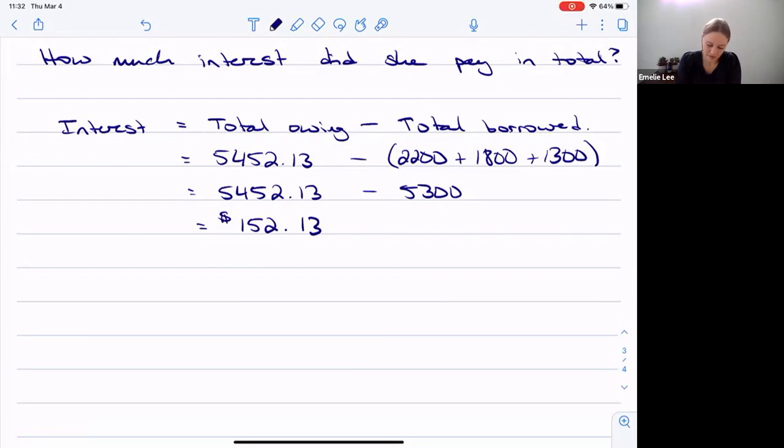So in the next section, I'll just show you how to solve problems where you have to solve for the rate and then solve for the time. They're going to be very similar, right?